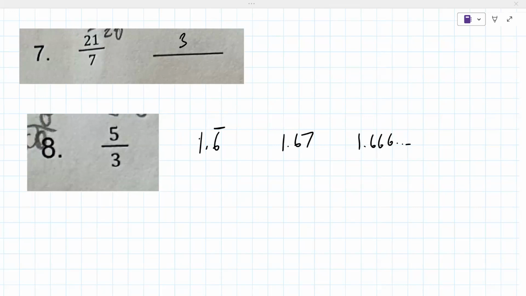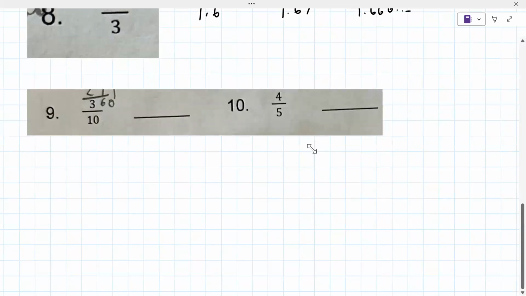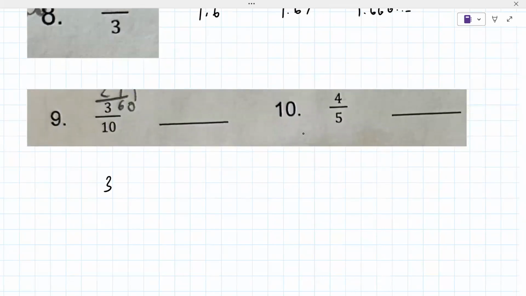Now, let's look at another way to do this, because a few of these, and 9 and 10, you can also convert them to fractions out of 100.